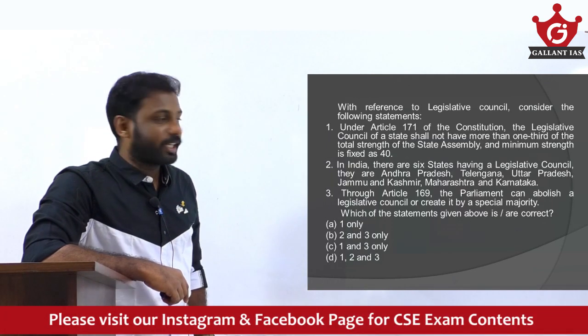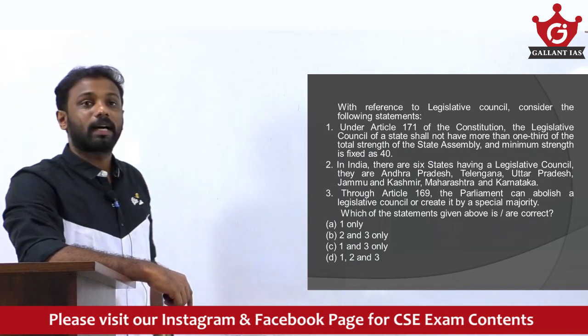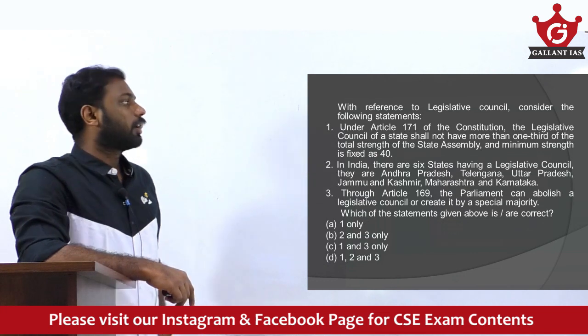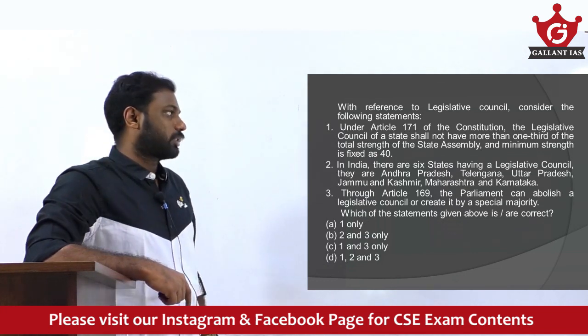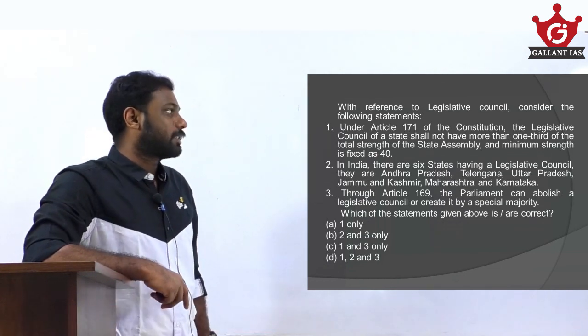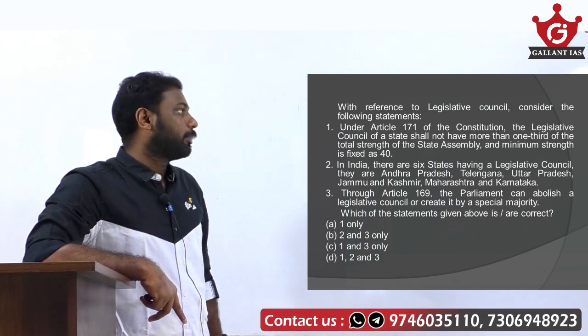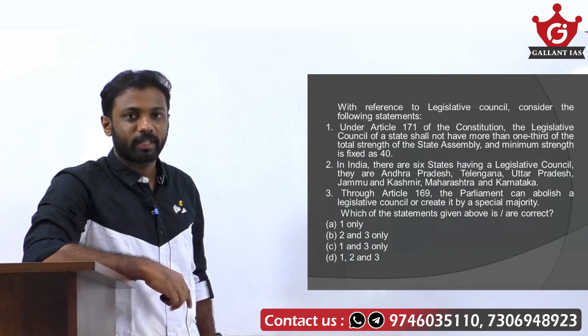The third question for today: with reference to the Legislative Council, consider the following statements. Which of the statements given are correct? Under Article 171 of the Constitution, the Legislative Council of a state shall not have more than 1/3 of the total strength of the State Assembly, and the minimum strength shall be fixed at 40. That's a correct statement.